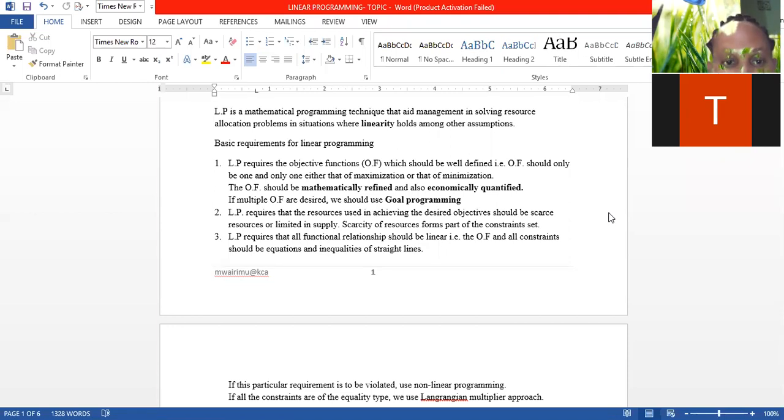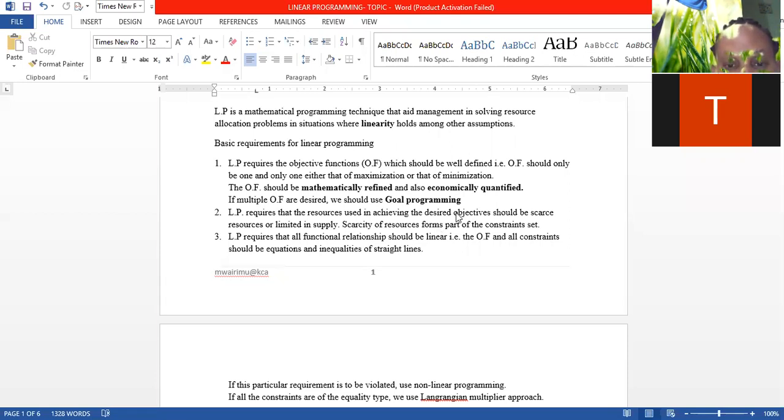When we talk of linearity, we are referring to the fact that we have two basic variables which we can plot on the y-axis as well as the x-axis, so that at the end of the day we'll be able to draw a linear equation.